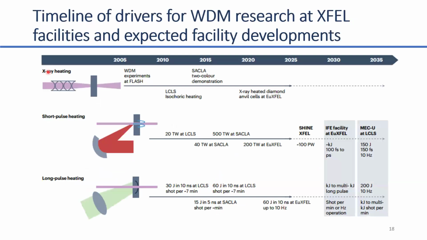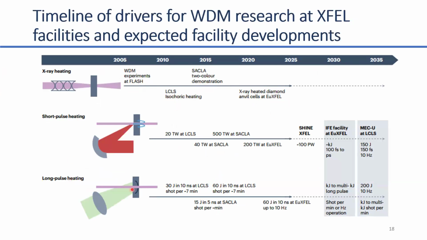So this is the timeline of how it has been installed throughout the years. The first warm dense matter experiments were done at FLASH, and progressively it went through the two-color demonstration and the X-ray heated diamond anvil cells at European XFEL.